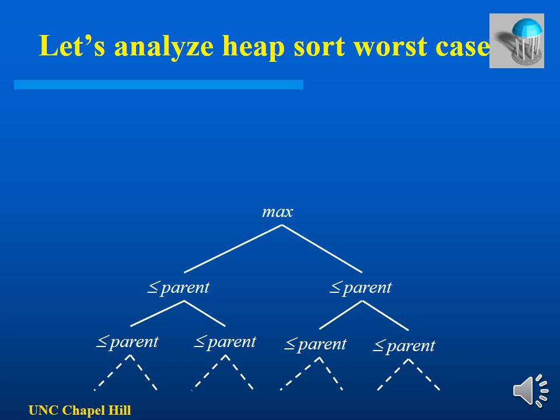Now let's analyze heap sort's worst case. To do so, we need to remind ourselves what a heap is. A heap is, first of all, a binary tree stored as a one-dimensional array. The root of the binary tree is stored in the first position in the array.